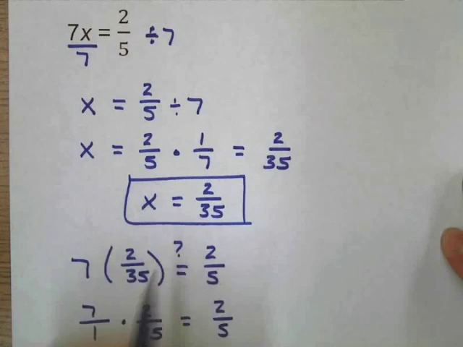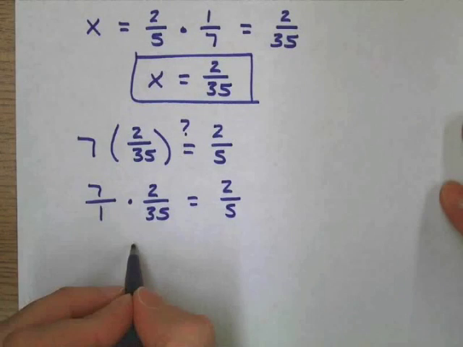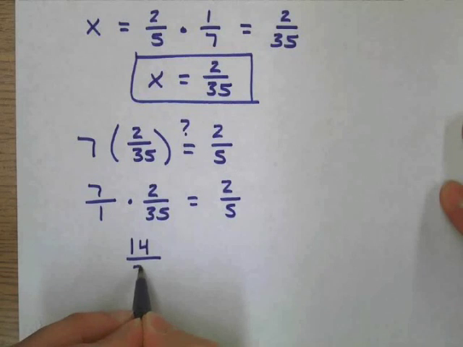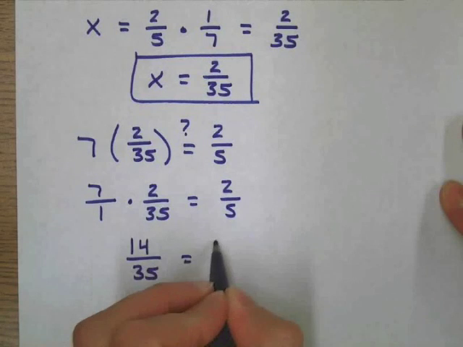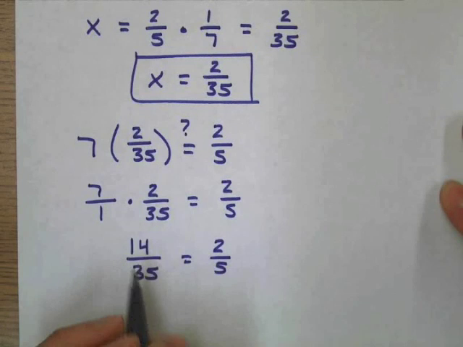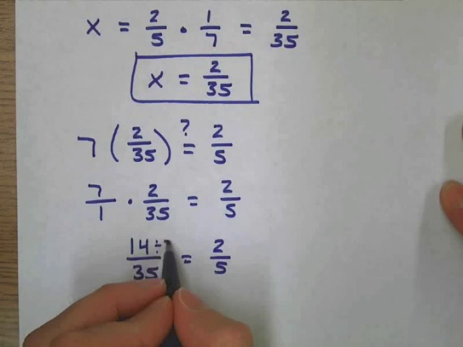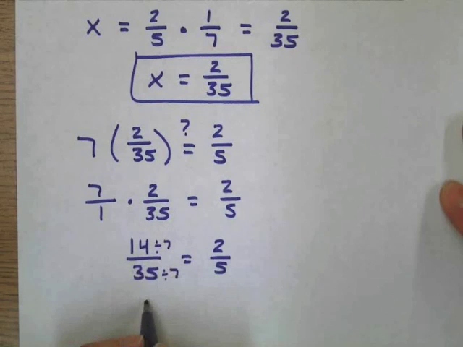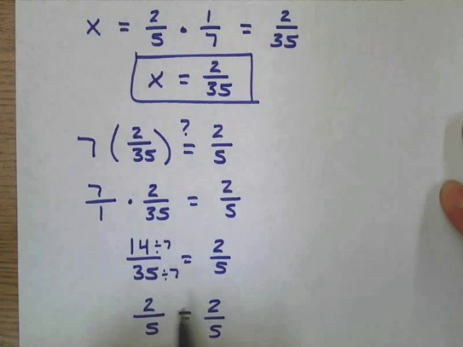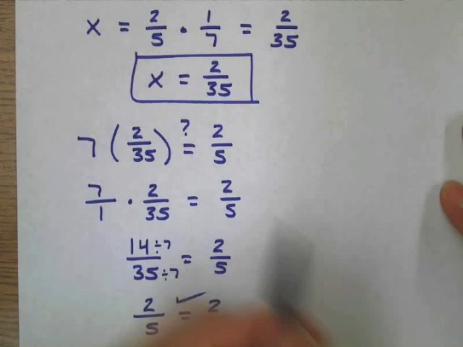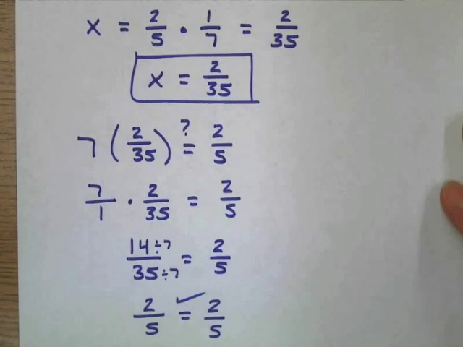This is my question here. And that comes up with 14/35. And if I divide this by 7 and I divide this by 7, I come up with 2/5. And that is correct. So this is a correct solution.